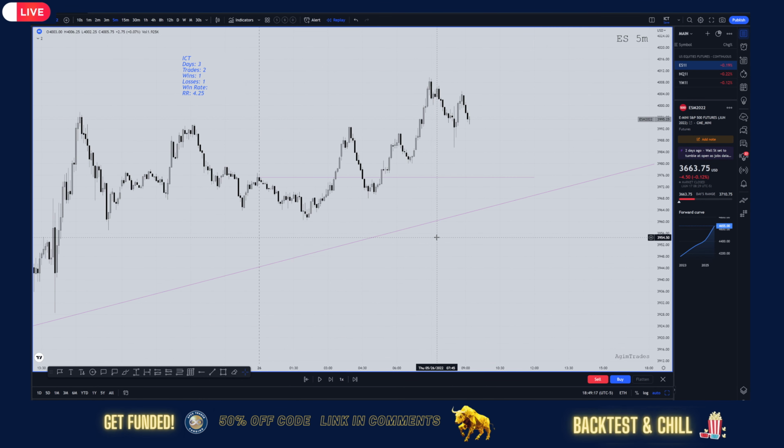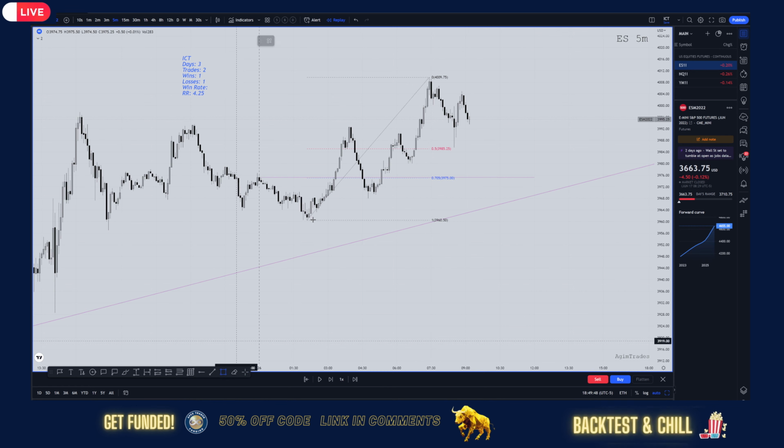So if we could see price trade into here and take some liquidity and fill in a gap, so we have equal lows here, we'd want to see it come into premium. I think this fair value gap is really one I would eye for price to return into.